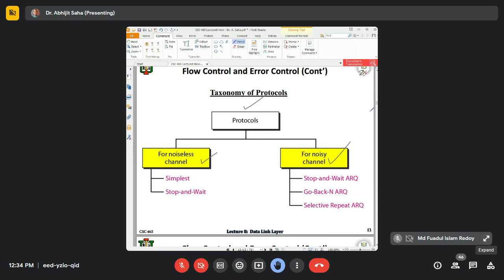For noisy channels, there is definitely going to be some noise and some congestion, some problems, and the traffic load is going to be high. At that time we use different protocols: stop and wait ARQ, go back N ARQ, and selective repeat ARQ. So we are going to study these five protocols.